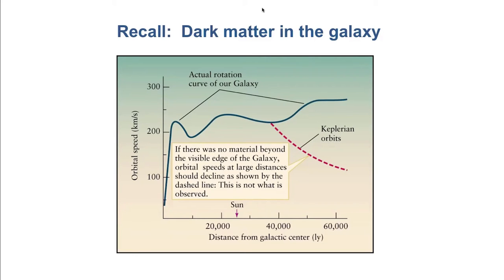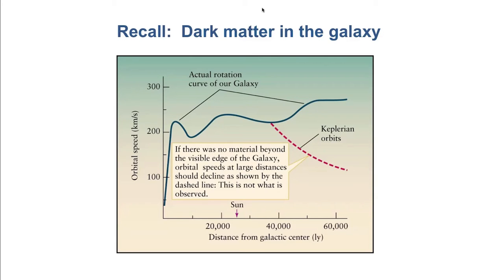When we actually count up all of the mass that we can see, all the stars, all of the gas and dust, all of the nebulas, all of the black holes, even everything that we can infer its presence, we only get to about 10 to 15% of the mass that we need to explain the velocities of stars in the galaxy. So that's a problem.